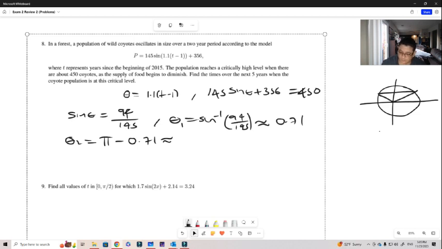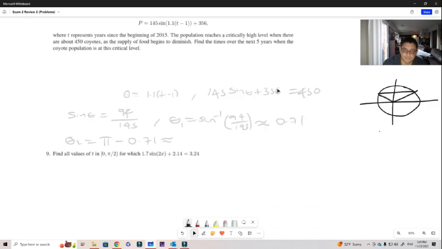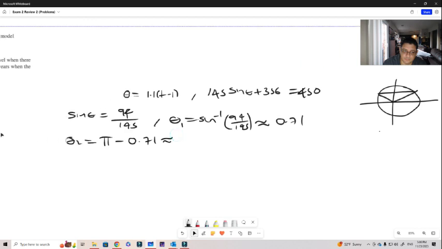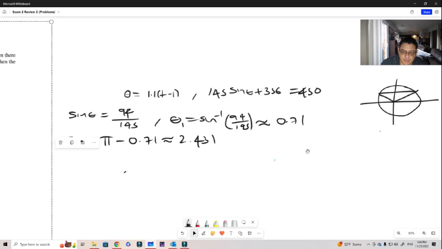So pi minus 0.71 is around 2.431. So this is going to be 2.431.